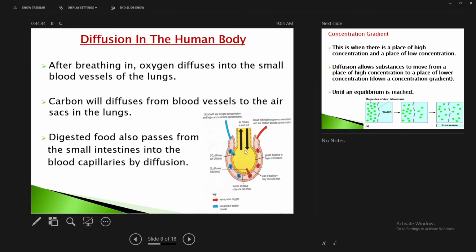This is where what is known as gaseous exchange takes place. The second point is saying carbon dioxide will diffuse from the blood vessel to the air sac in the lungs. Now, what is the air sac? The air sac is the diagram that you are looking at, the yellow section, and the air sac is the same thing as the alveoli.